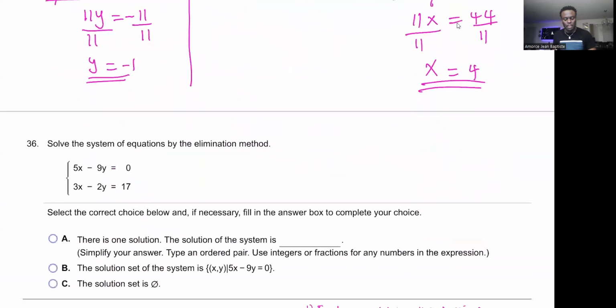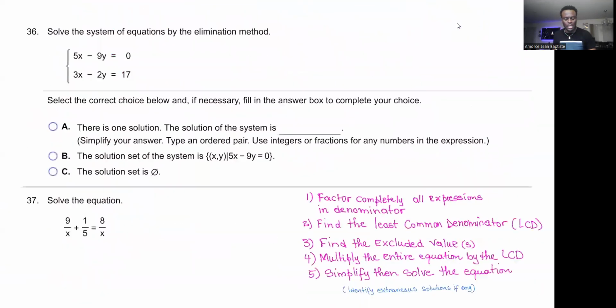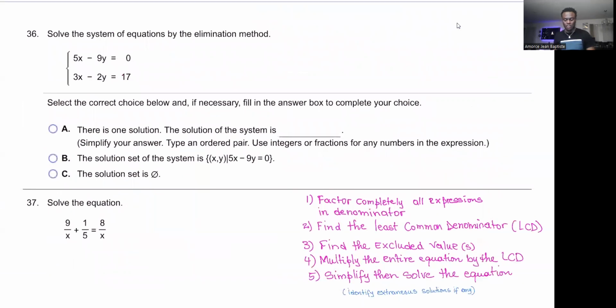The next problem here, still by elimination. So to solve this by elimination, I'll do the same thing, but pay attention. Earlier, I see that one of the two equations had the x or the y with a coefficient of 1. But in these ones, x and y all have a coefficient.